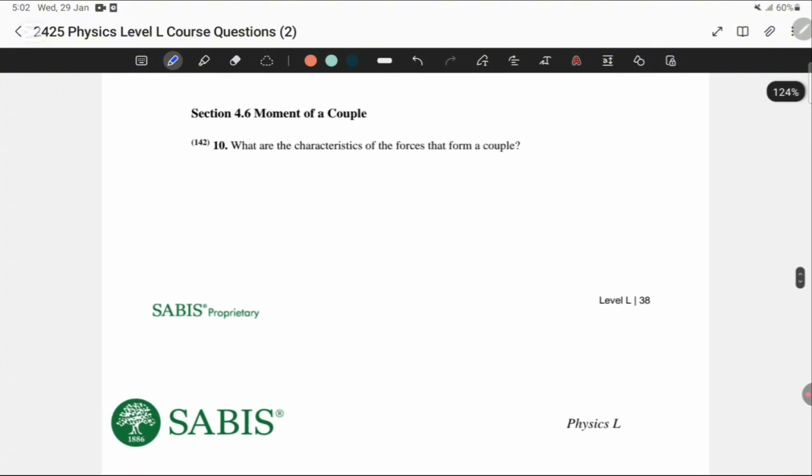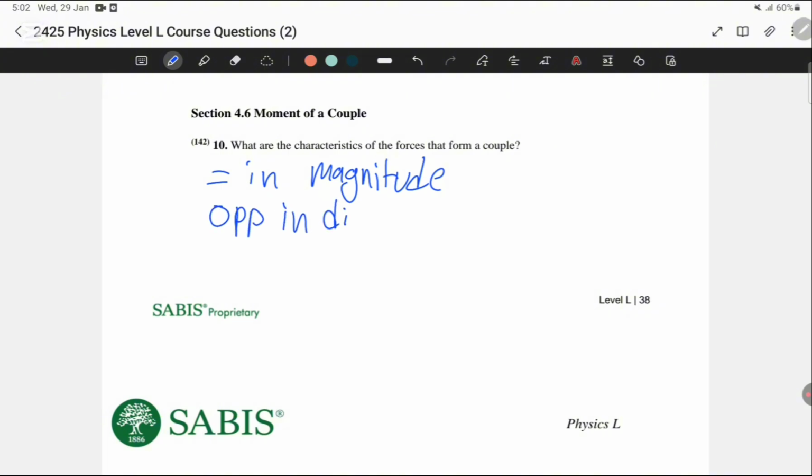Okay, let's go to the last chapter. The characteristics of the forces that form a couple. All you need to know is they have equal magnitude and opposite direction, and they are always parallel.